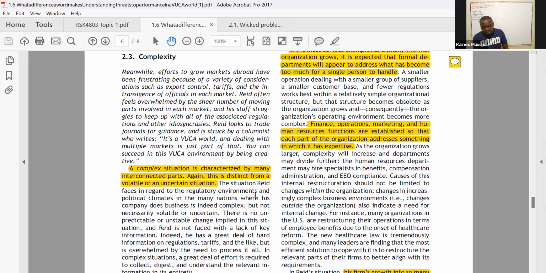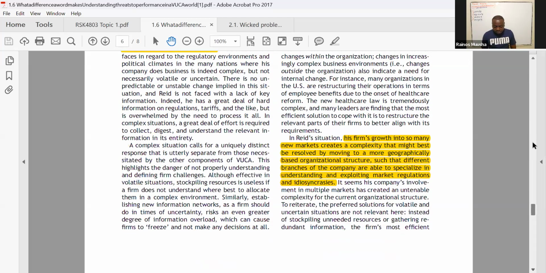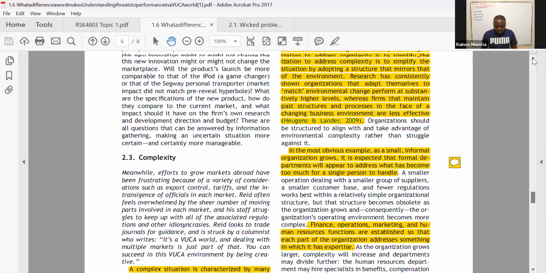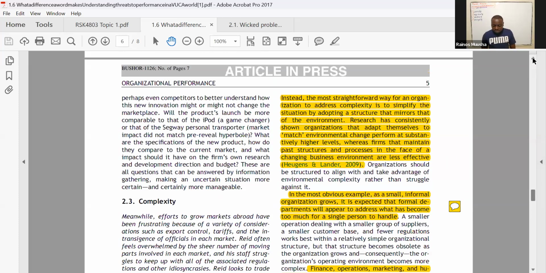Again, this is distinct from a volatile or uncertain situation. And then they go on to say, instead, the most straightforward way for an organization to address complexity is to simplify the situation by adopting a structure that mirrors that of the environment.